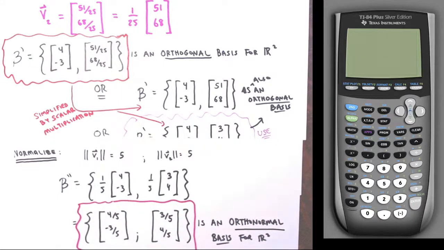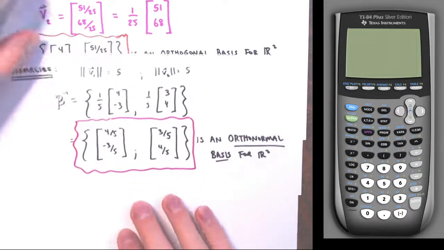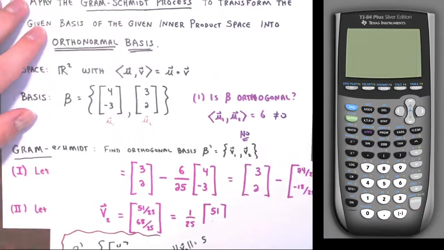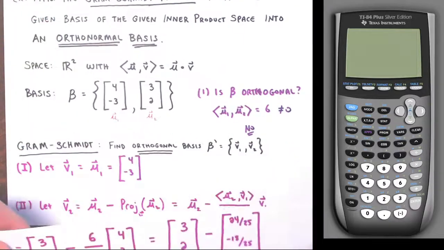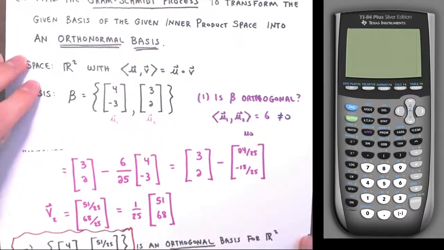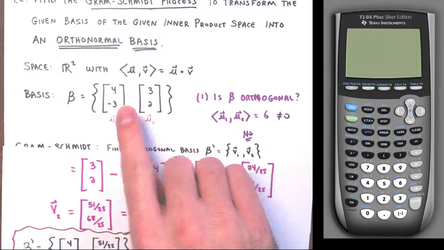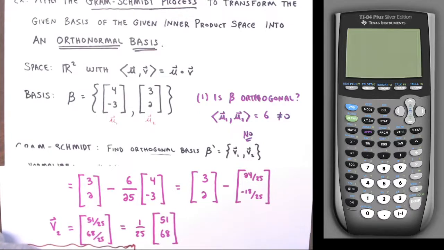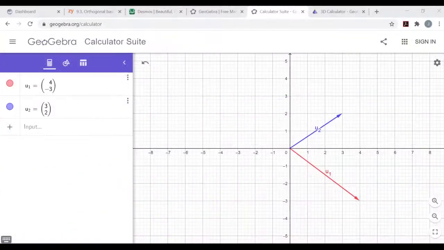Okay, so let's see a picture of this. I know there's a lot of numbers here. Let's look at a picture of what's happening. So back to my first two vectors, which were 4, -3, and 3, 2. I've got the geogebra.org site up with some vectors marked.